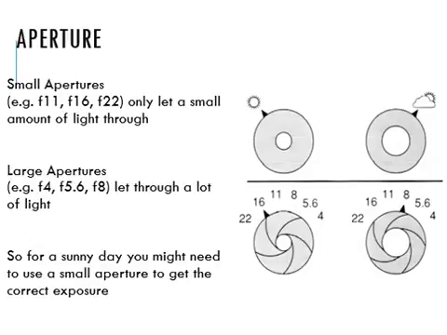It's worth bearing in mind that this hole relates to the area, whereas the numbers relate to the reciprocal of the diameter, which means that a small aperture, a small hole, actually has a large number, and a large hole actually has a small number, and that they don't go 1, 2, 3, 4, 5, because the area of a circle is pi r squared, so it's not a simple series.